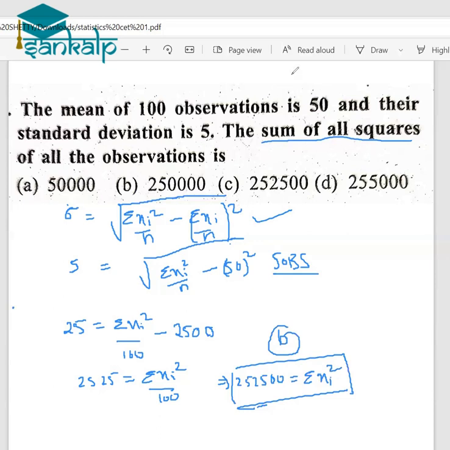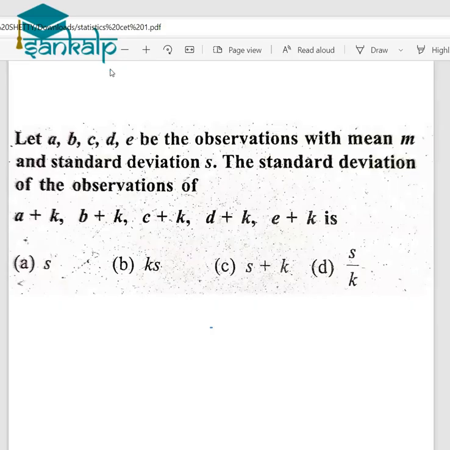Next question. Let A, B, C, D, E be the observations with mean M and standard deviation S. The standard deviation of the observations A plus K, B plus K, C plus K, D plus K, E plus K is, okay.